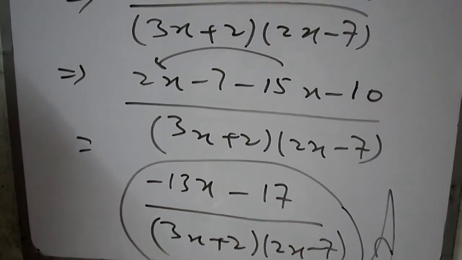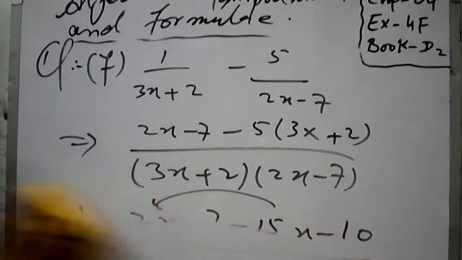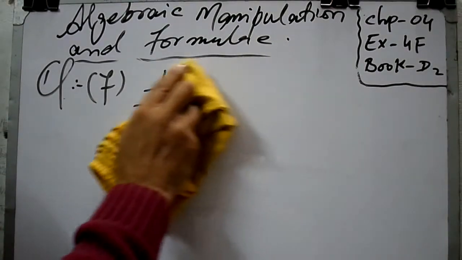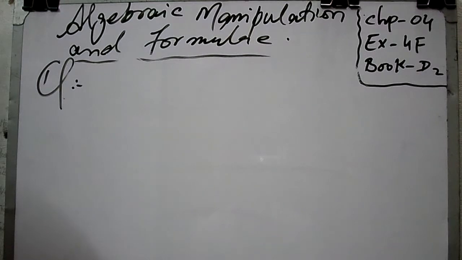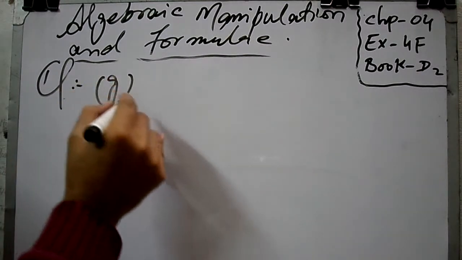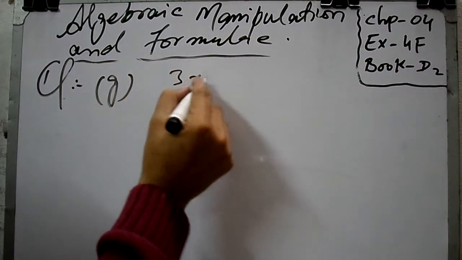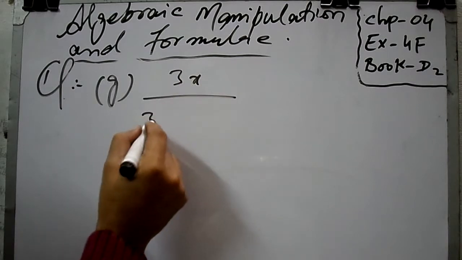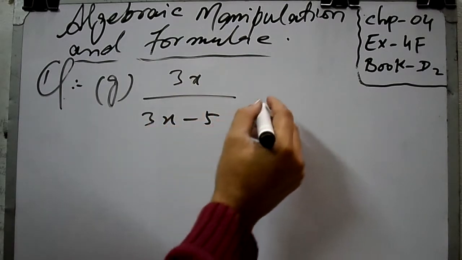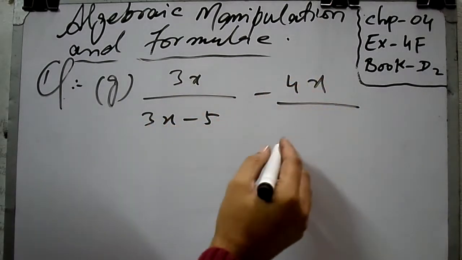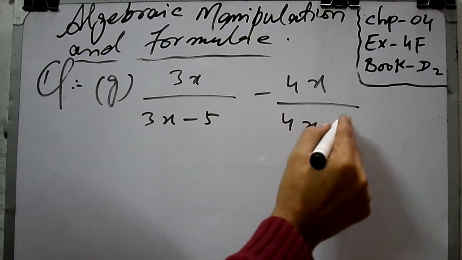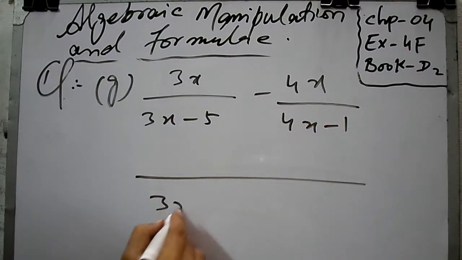Coming to the next part, that is G part. 3x divided by 3x minus 5, 4x divided by 4x minus 1, so that is your LCM.